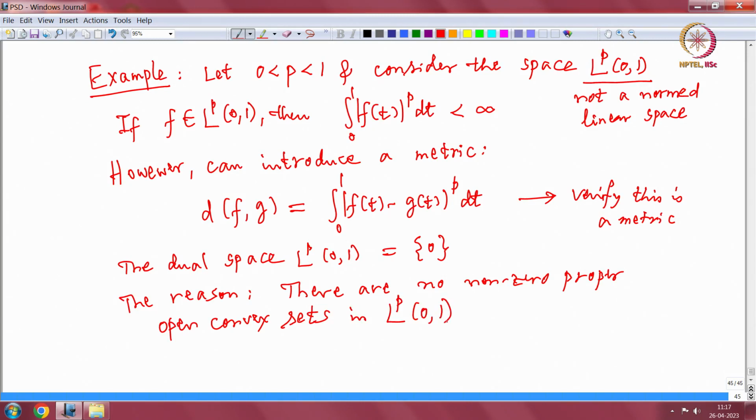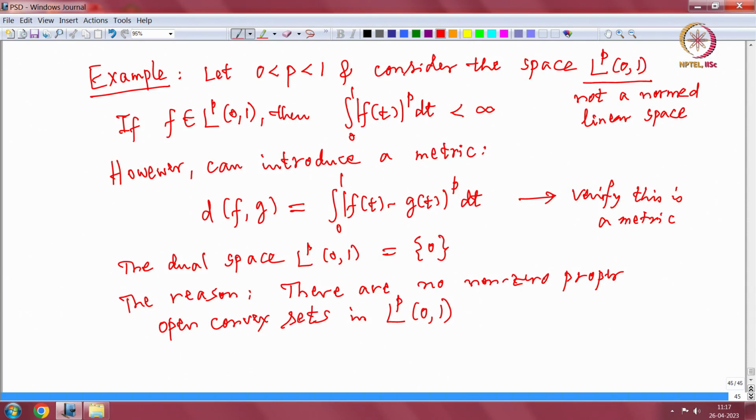So that means if you assume that there is an open convex set, either it has to be 0 or it has to be LP 0 1. Those are the only two open convex sets.